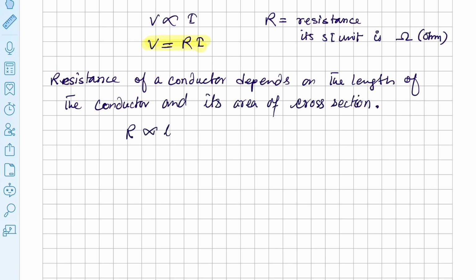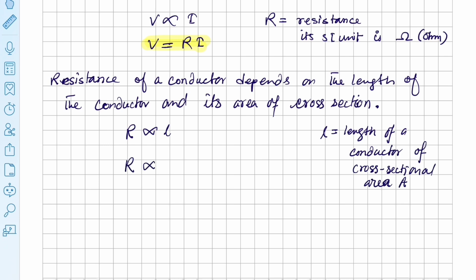We can say R is proportional to L, where L is the length of a conductor of cross-sectional area, suppose A. Then R is inversely proportional to the area of cross section. Combining these two, we can write R varies as L by A, right? L by A.